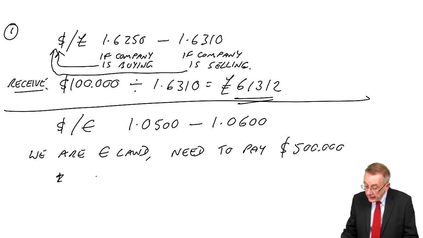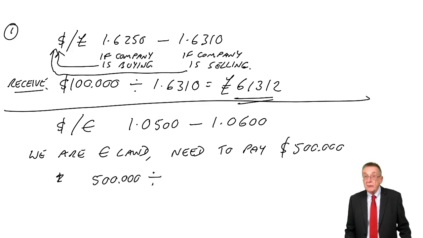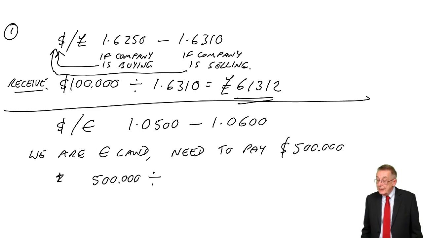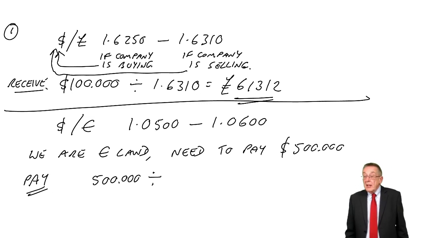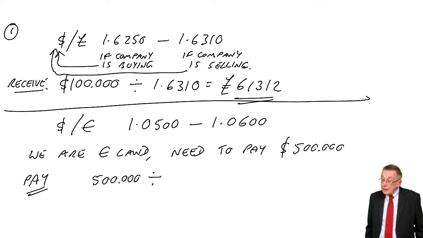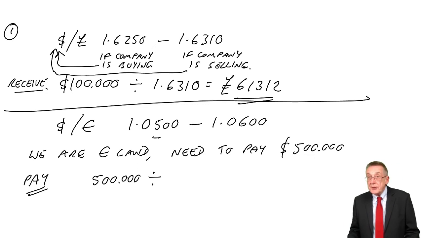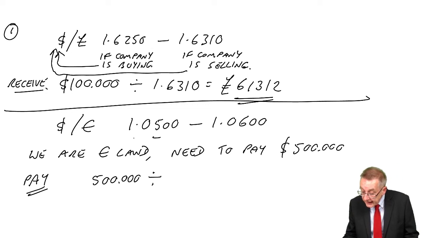And so again, to convert, we'll take the 500,000 and we'll divide by the relevant exchange rate. But remember, we are going to be paying money. So using my rule, remember it's the first rate if we're buying the first currency.